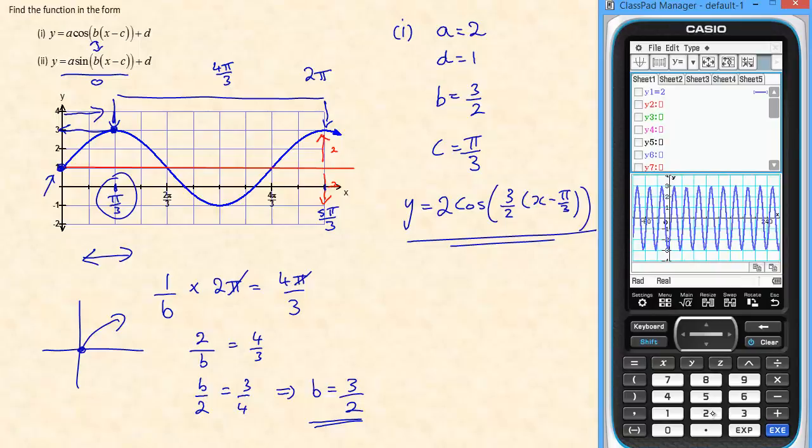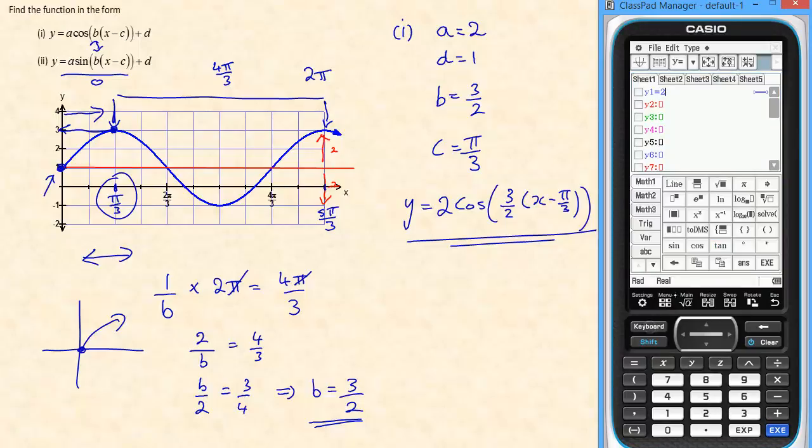So I've got 2 cos, then we're going to have 3 over 2, open another bracket, x take away pi on 3, two close brackets, plus 1.